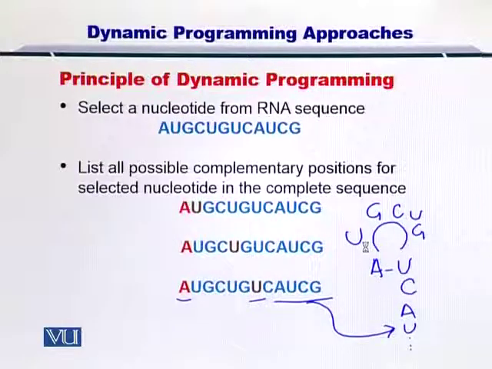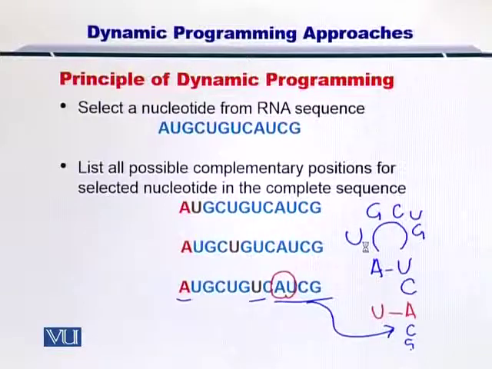Dear students, if you note, as we just discussed, there are many other possibilities. For instance, if these two nucleotides were to make a bond as well, what would happen? So you will have another coupling here, followed by, of course, C and G, and so on and so forth.